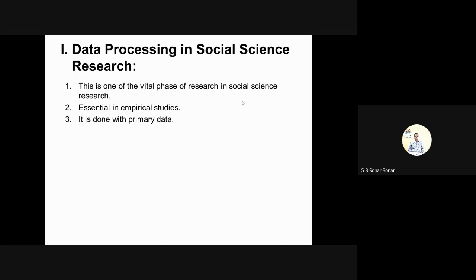Data processing is related to primary data.